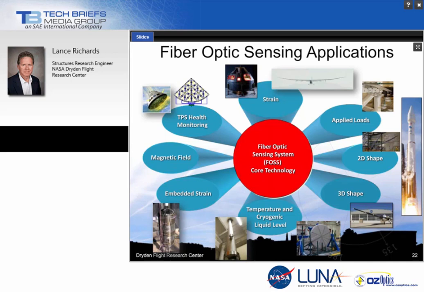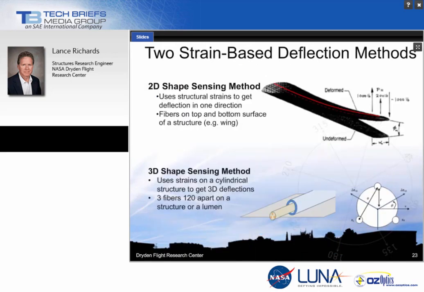All right, so the next chart shows our two different approaches for real-time deflection methods. One is the 2D shape sensing method that we derived at Dryden that takes the structural strains at each one of those very highly resolved strain measurement maps to calculate shape.